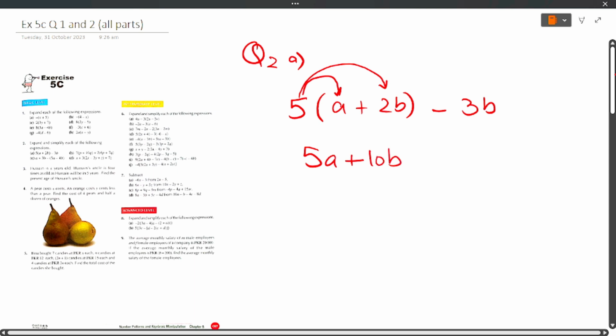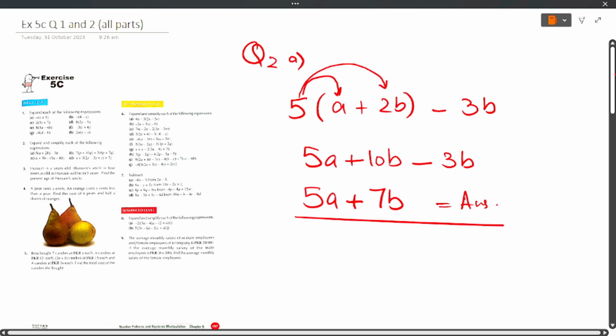Good. And what is outside? Minus 3B. So I'm going to simplify it. 5A plus 10B minus 3B. What will be the final answer? Plus 7B, because bigger value has positive sign. This is the answer.